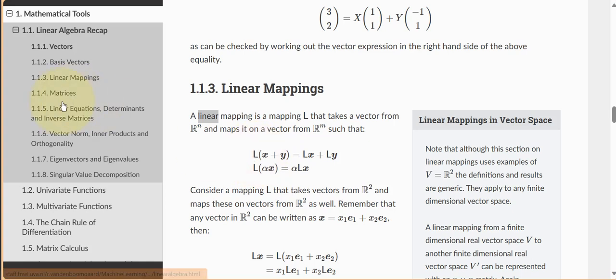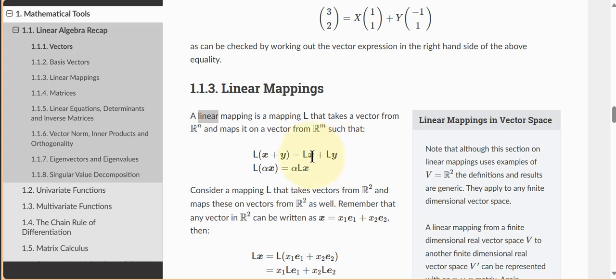But the thing is that we want to define what's meant by linear, and a linear mapping or a linear function will have this special property: if you take L of x plus y, it has to be the same as if you just took L of x and L of y.